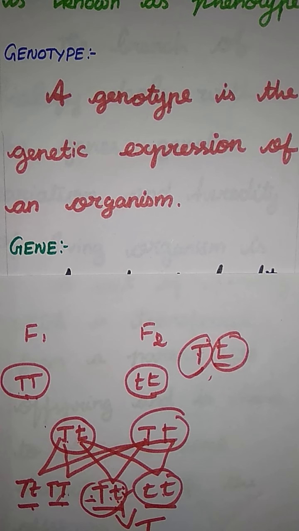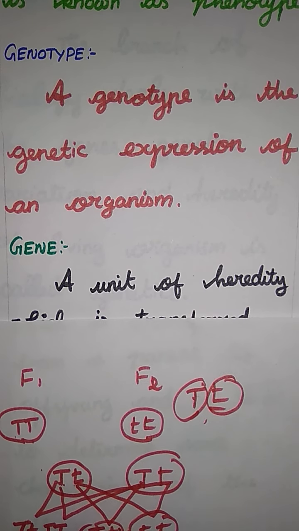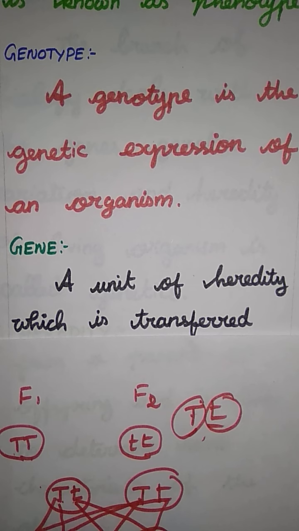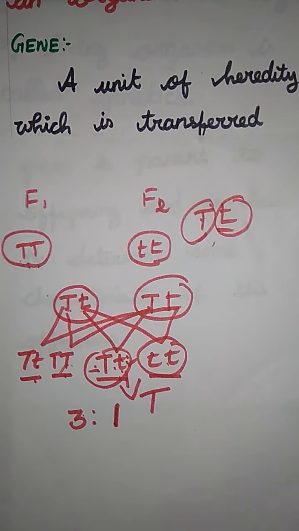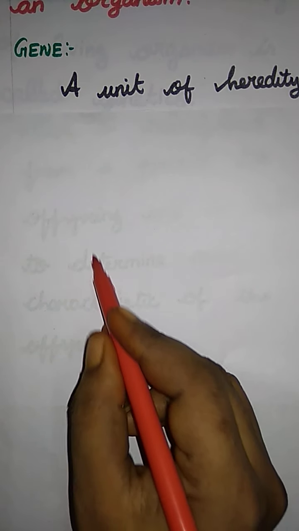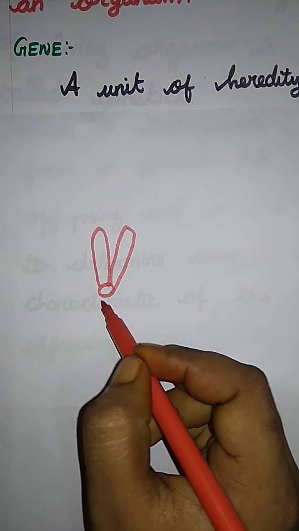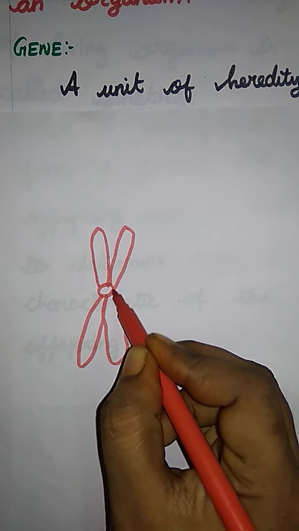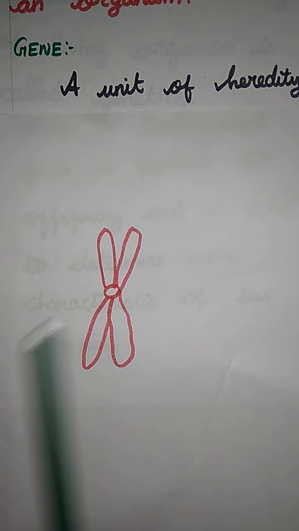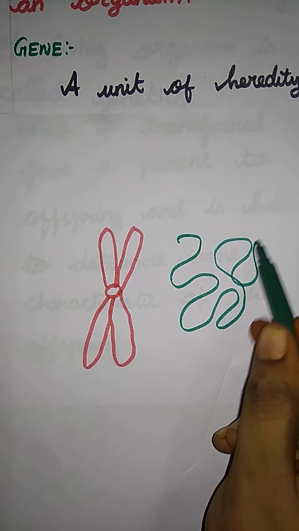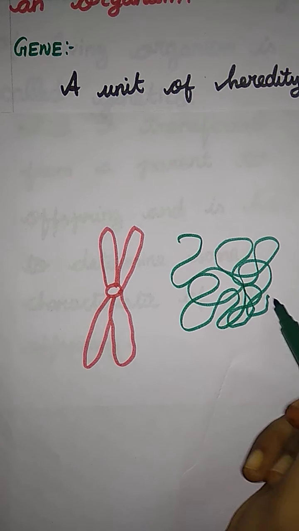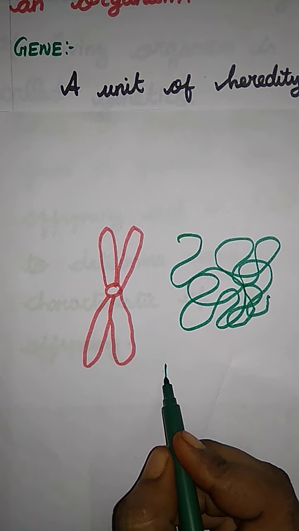Next, let me move on to the gene. A gene is the unit of heredity. Why do they say a gene is the unit of heredity? First, let me explain what a gene is. Let's draw a diagram. This is a chromosome. Before the chromosome is formed, it looks like a thread. Take this one thread; it contains DNA.